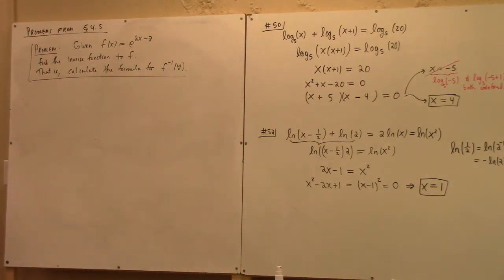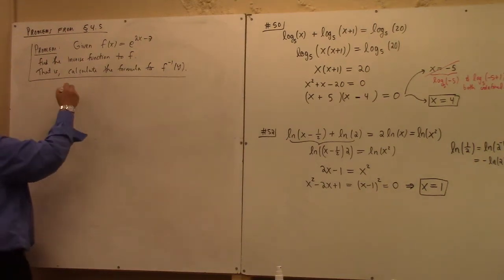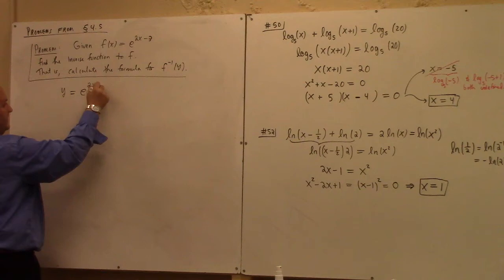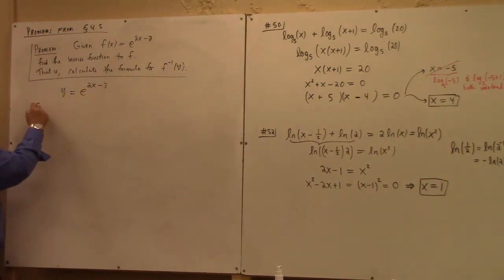So how did we calculate the inverse? We did this before, right? But we didn't have logs and exponentials back then, right? All we had were like rational functions, division, addition, multiplication, roots. But now what we can do is y is equal to e to the 2x minus 3. And now we solve for x.